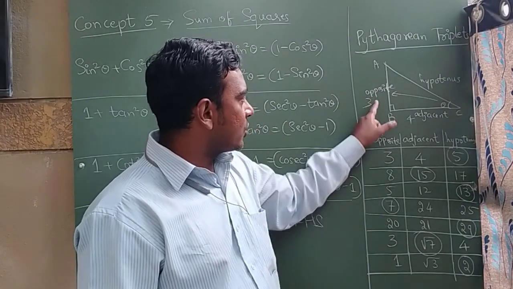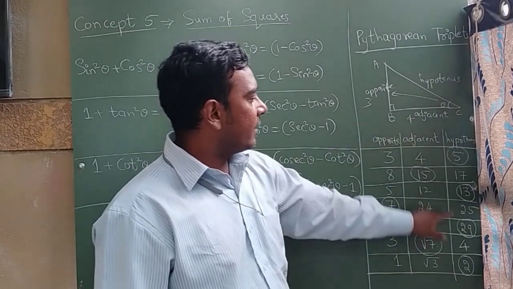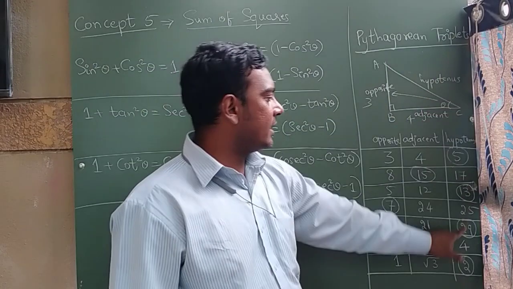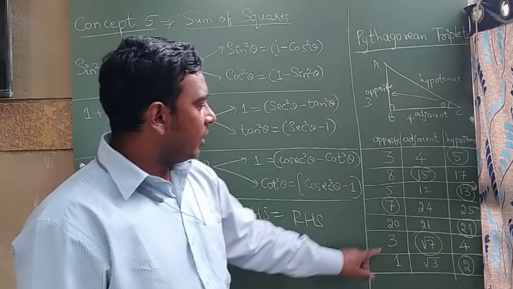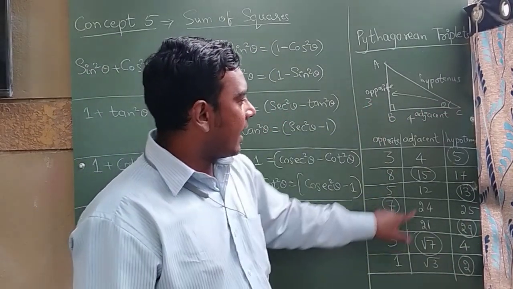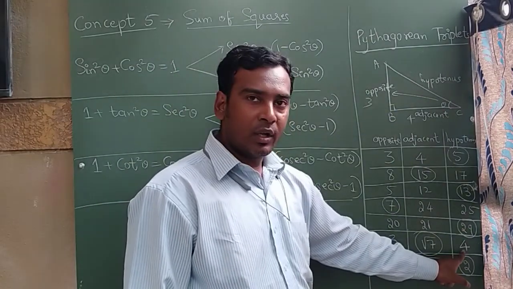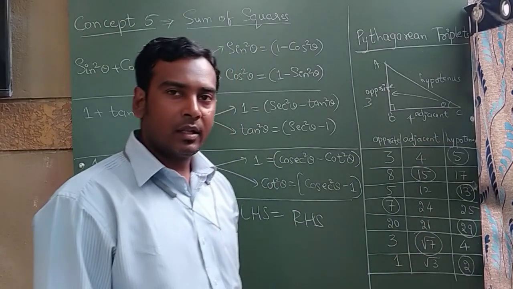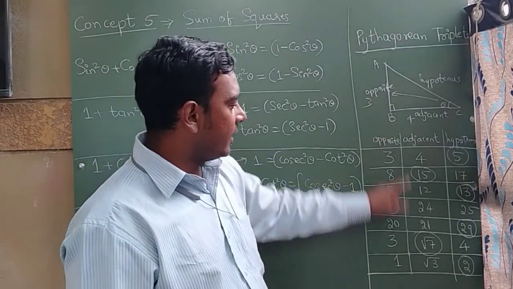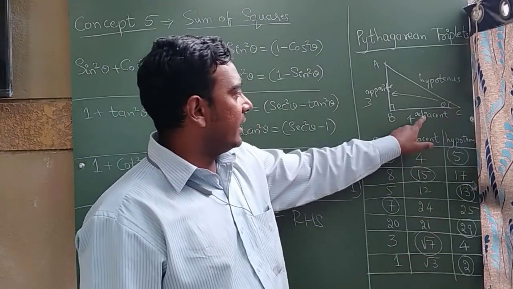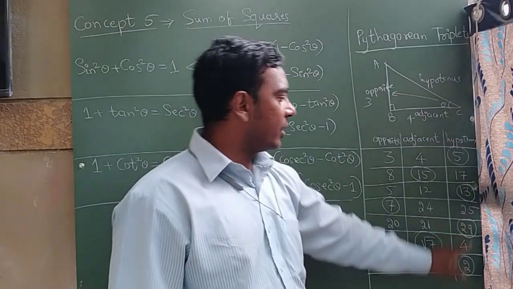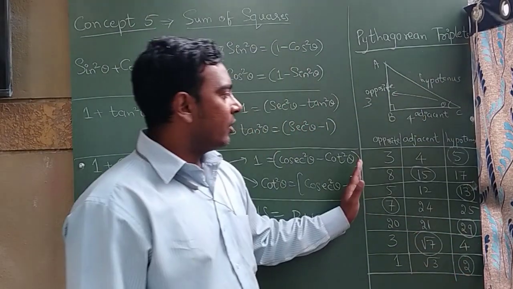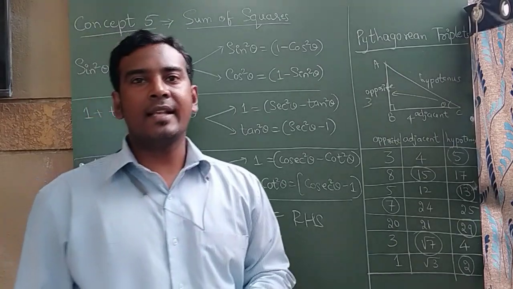If opposite side is 20 and this is 21, then you will get hypotenuse as 29. If opposite side is 3 and hypotenuse is 4, you will get adjacent side as root 7. If opposite side is 1 and adjacent side is root 3, then hypotenuse you will get as 2. These will be helpful while solving the exercise problems.